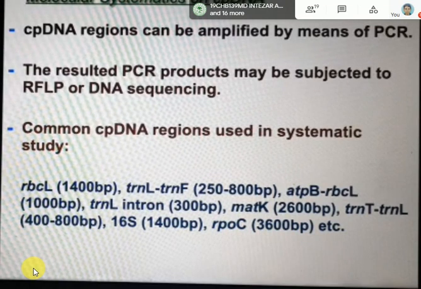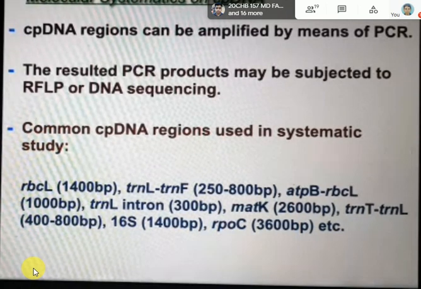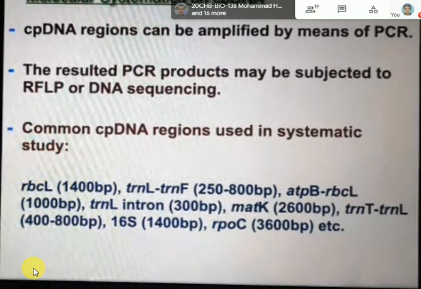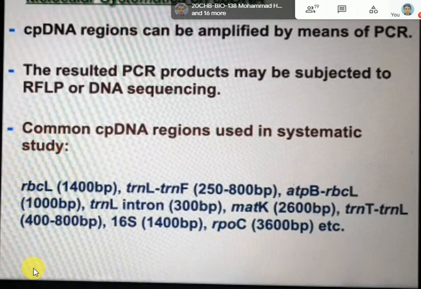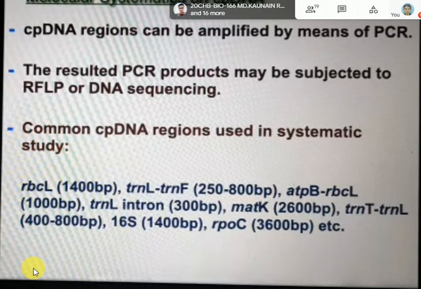These are the different regions of the chloroplast DNA, and they are very helpful in different kinds of studies of DNA.